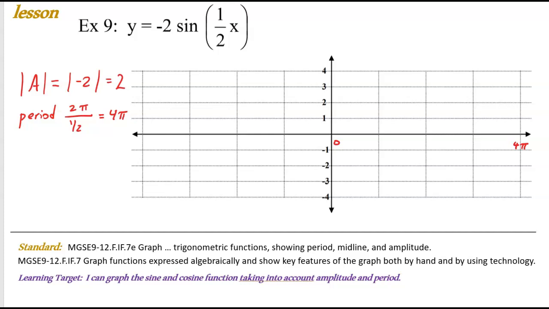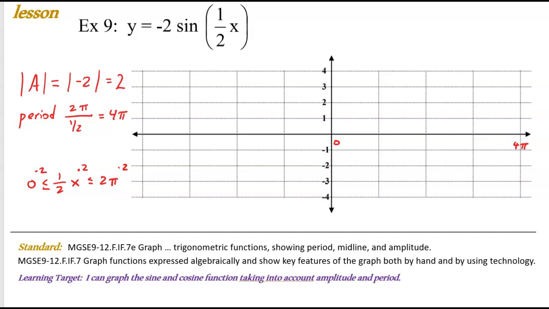And I just want to remind you, we're not always going to start the graph at the input of 0. That's going to be trickier in our next video, but we'll get there. So I'm going to set the argument 1/2 x between 0 and 2 pi. Once again, this process will seem a lot more relevant in our next video. To get rid of 1/2, I need to multiply by 2.